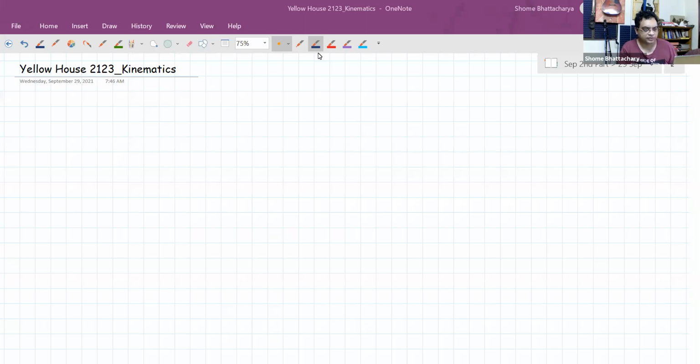That is, we will start with relative motion, which is the final aspect of kinematics.